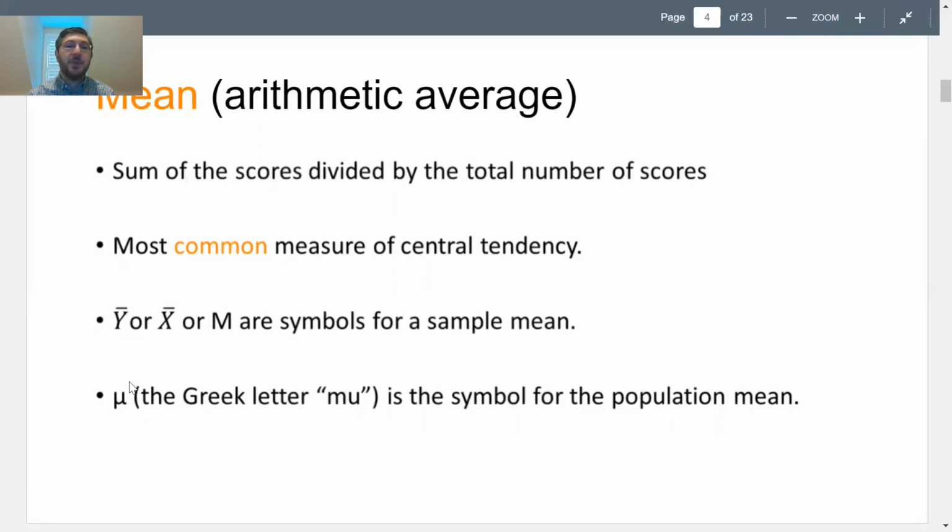So the Greek letter mu will represent the population mean. So we'll use X bar or M or Y bar for the sample mean, depending on what author you're reading, and you'll use the Greek letter mu for the population mean.